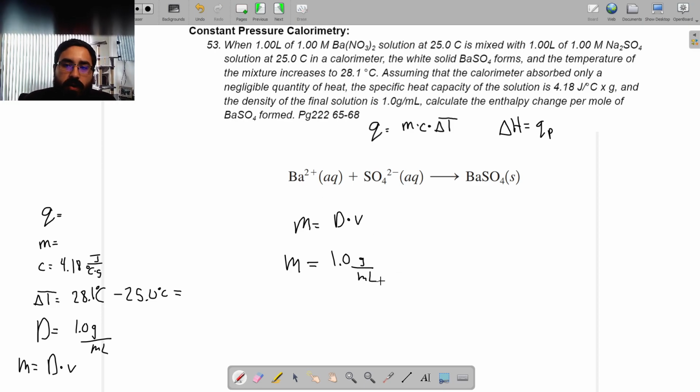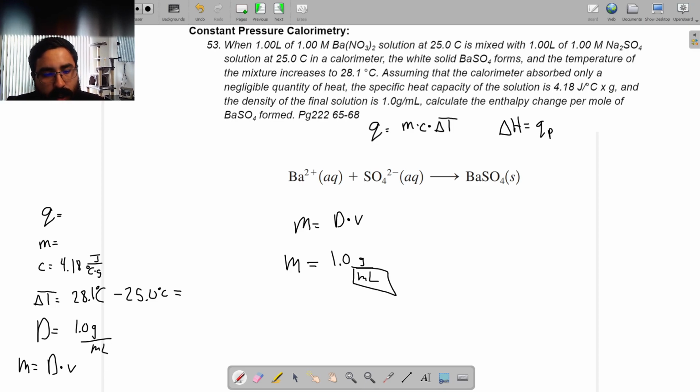And then how much volume do we have? How much volume of this do we have? We have 1 liter. So in reality, let me see. Okay, issues.